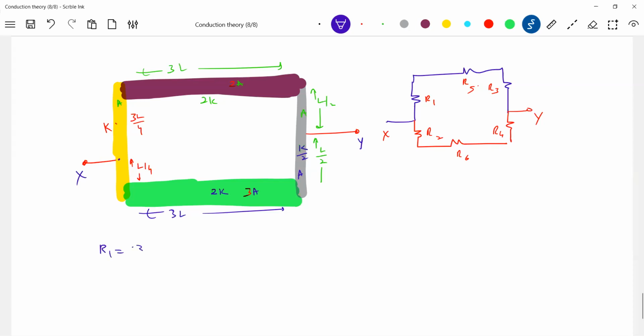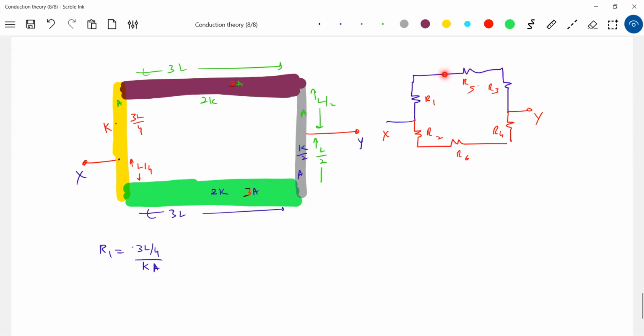R1 is equal to length 3L by 4 by thermal conductivity K, area of cross section A. And how are R1, R5, R3? They are in series, no? We'll agree on this. So all the heat current that comes will branch here, and this same current will pass through all these three elements, R1, R5, R3.